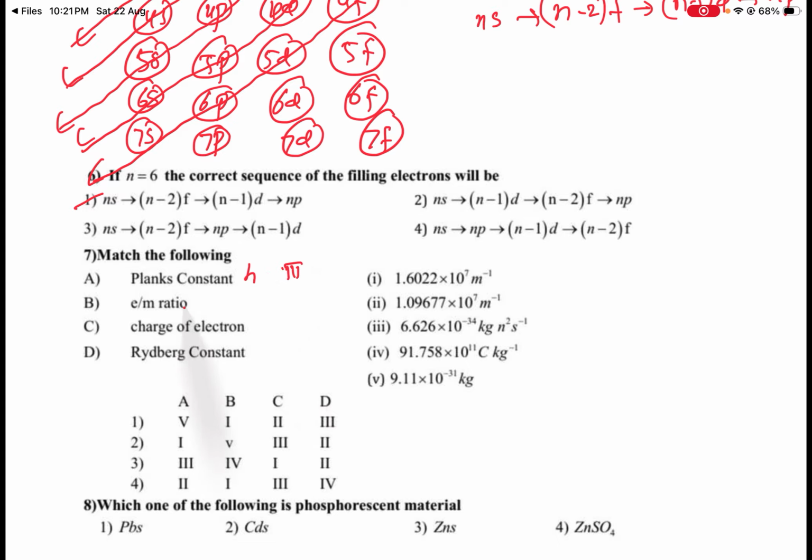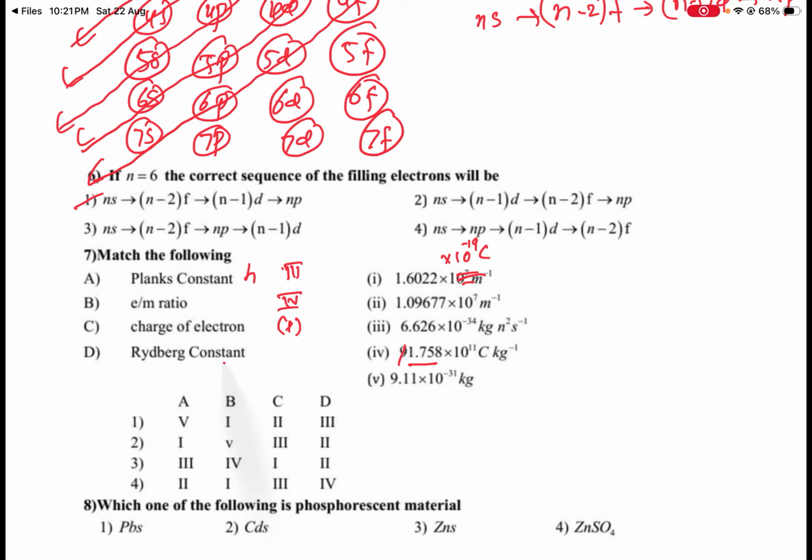Next, the e by m ratio of the electron is 1.75 into 10 power 11 coulombs per kg. So the e by m ratio is the fourth one. The charge of the electron is 1.602 into 10 power minus 19 coulombs. So that is option 1, the first one.